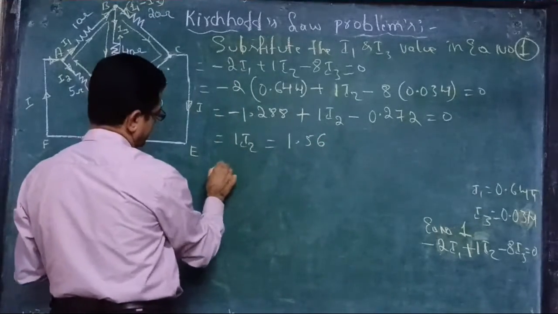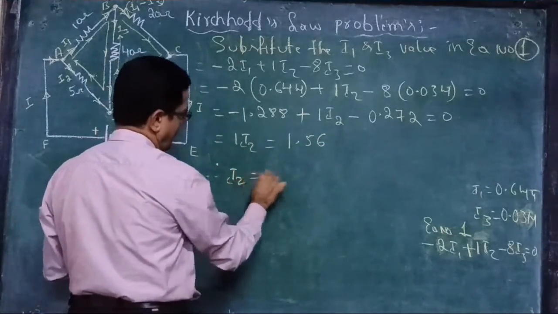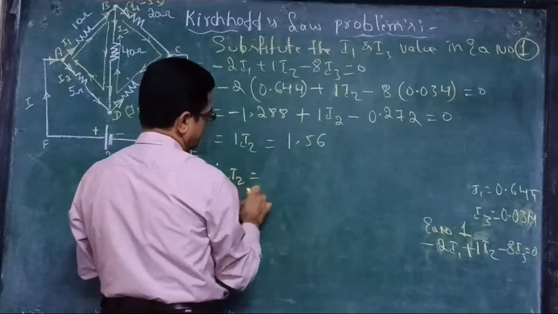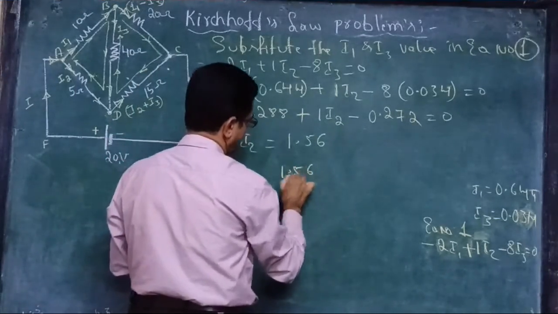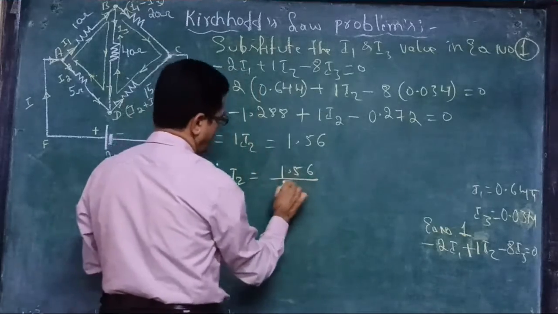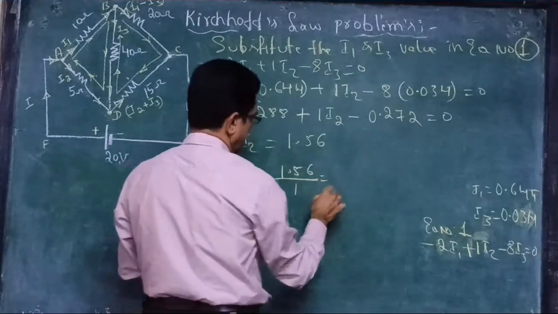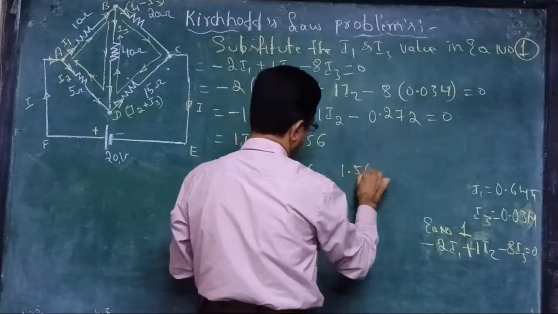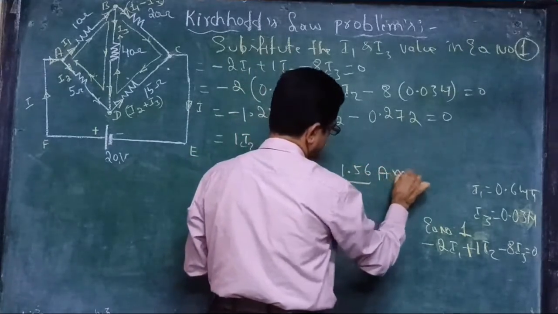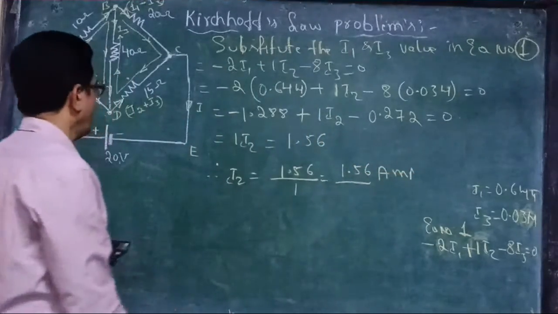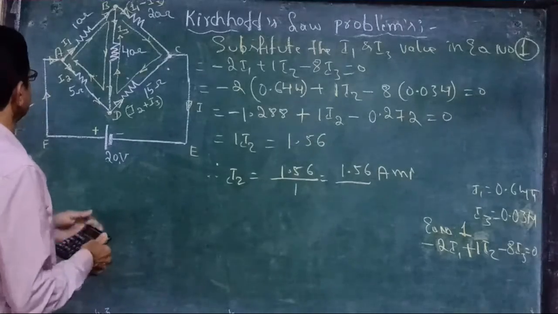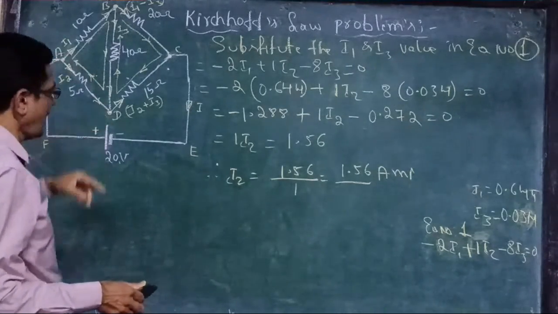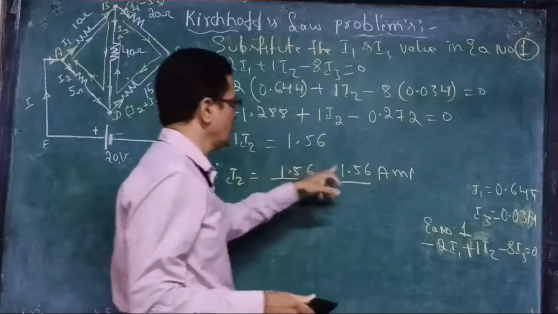So therefore I2 is equal to 1.56 divided by 1. So I2 value is 1.56. So this is the I2 branch current. So between A to D, current will flow 1.56.